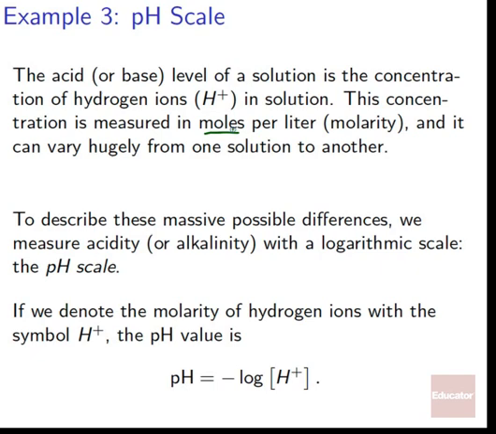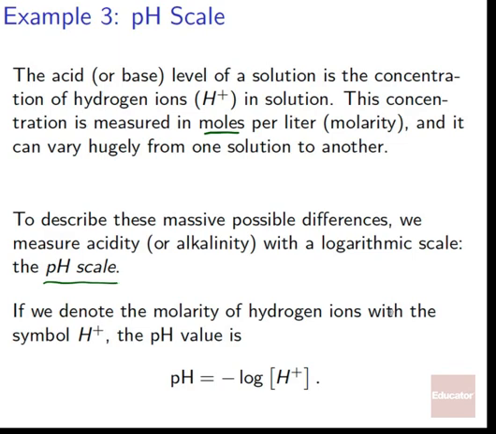And it can vary hugely from one solution to another, so it makes sense that we want to use a logarithmic scale. To describe these massive possible differences, we measure acidity or alkalinity, acidity being how acid something is, and alkalinity how basic something is, with a logarithmic scale, the pH scale, which comes from powers of hydrogen, connected to the fact that we're looking at a logarithm of our amount of hydrogen ions.